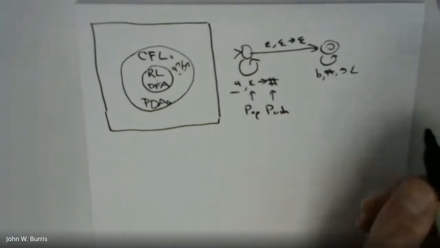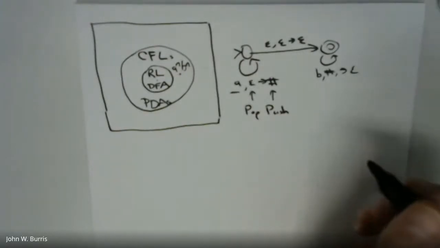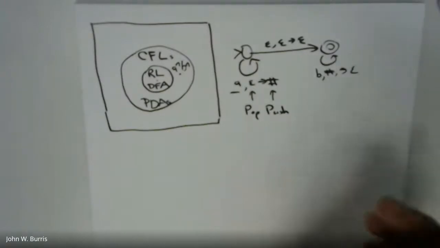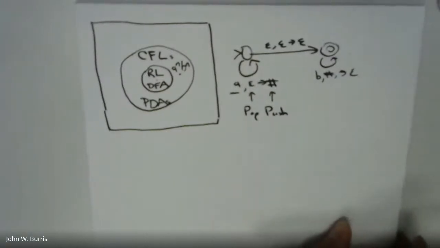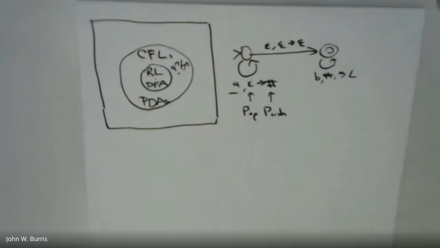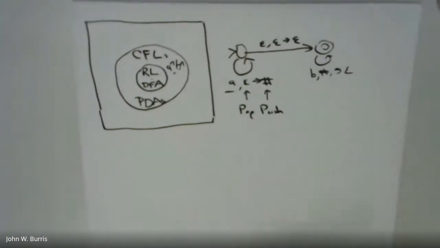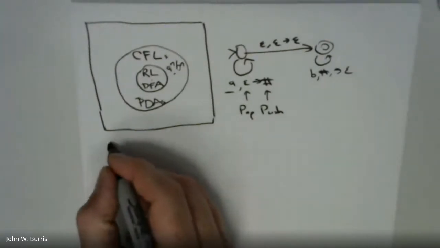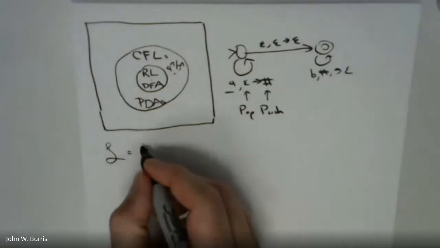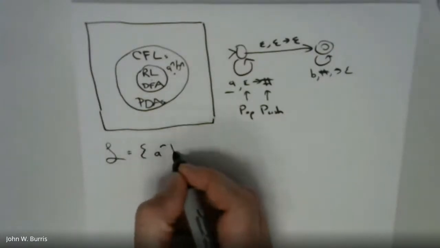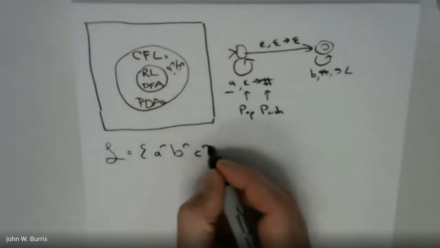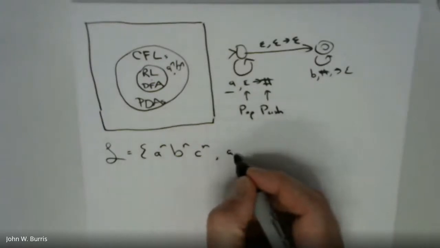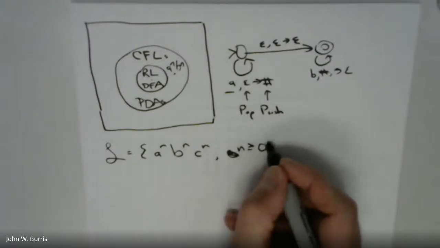Now, we have already seen one language that we are pretty sure is not part of the set of context-free languages. I chose to cut for time the pumping lemma for context-free languages, but the language we saw was the language of a to the n, b to the n, c to the n, where n is greater than or equal to 0.